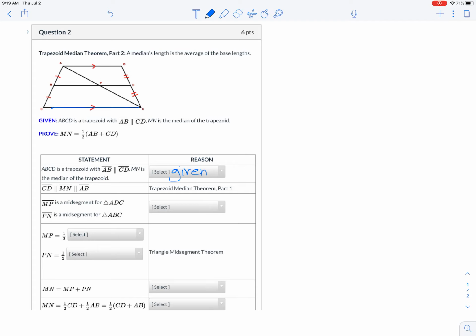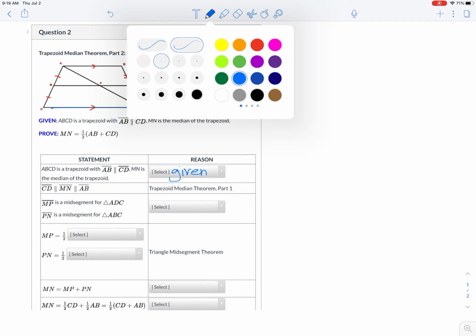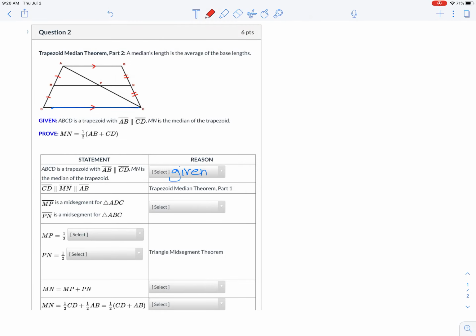Okay? From the trapezoid median theorem that just happened, we know that the median is parallel. Just proved that. And line 3, that MP is a midsegment for triangle ADC.